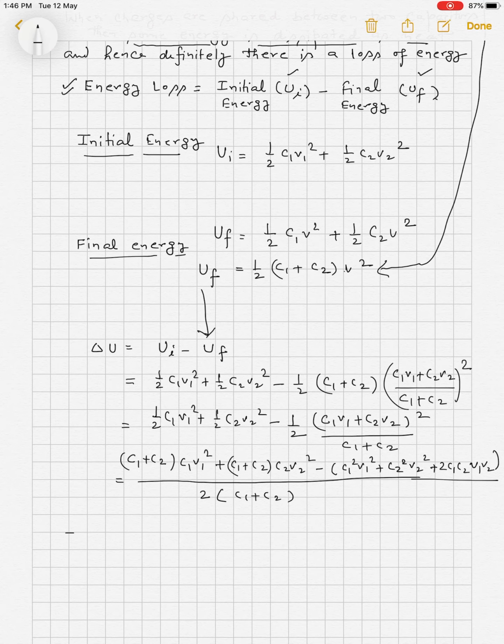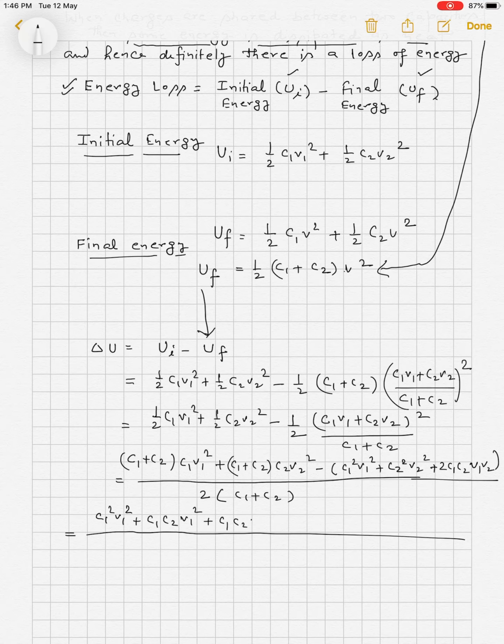Now solving this, multiplying this, we get C1 square V1 square plus C1 C2 V1 square.